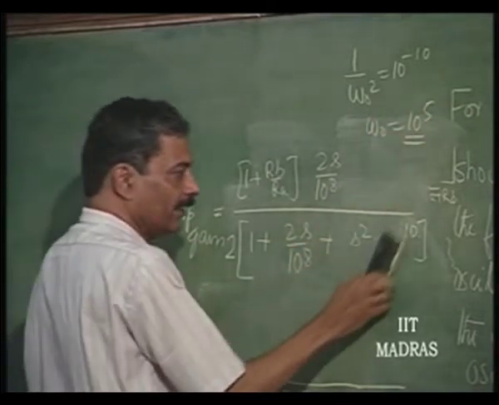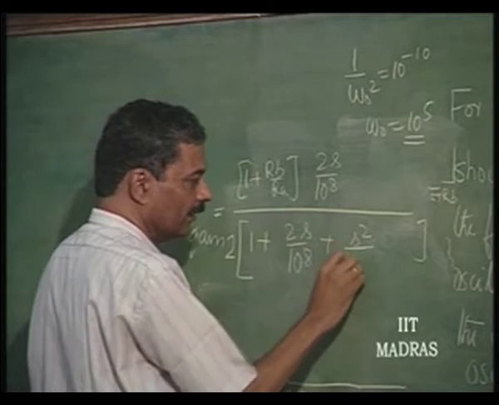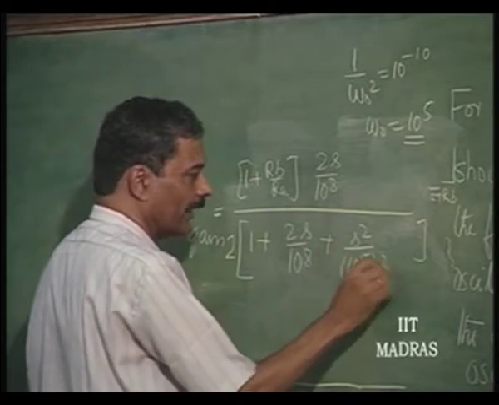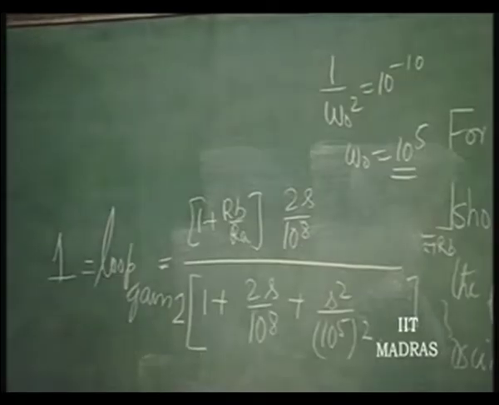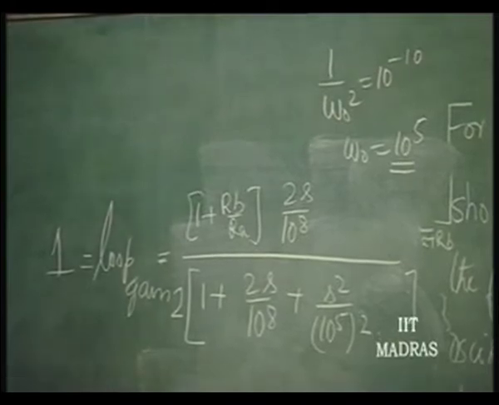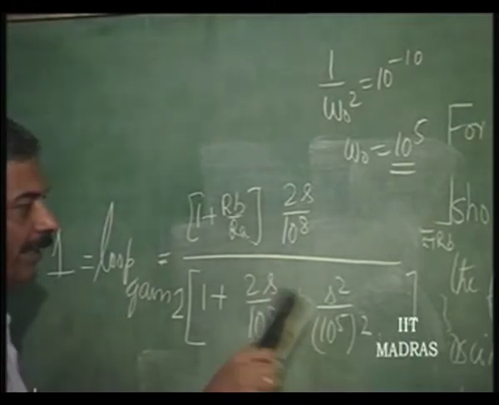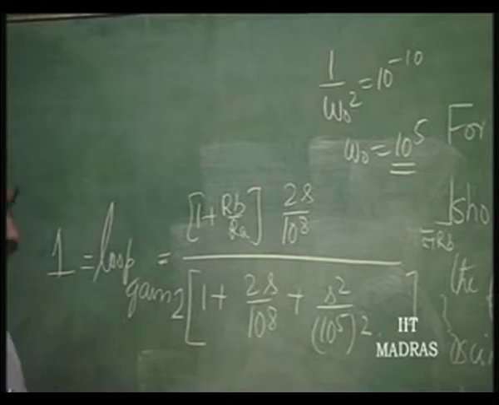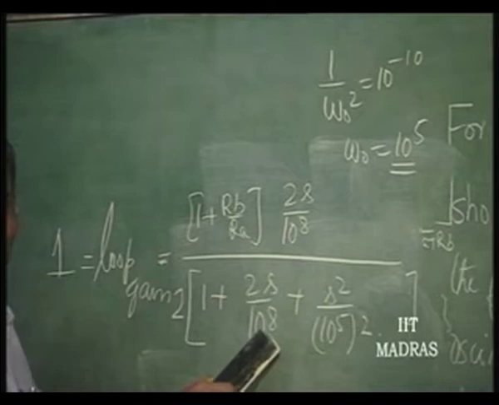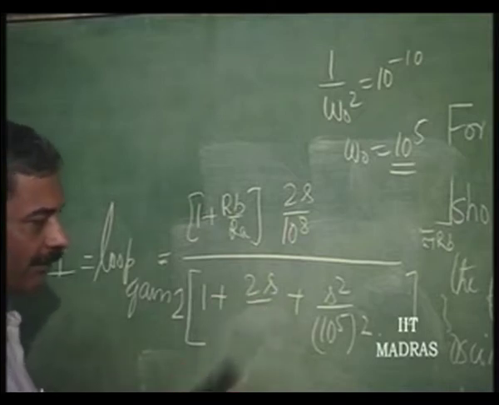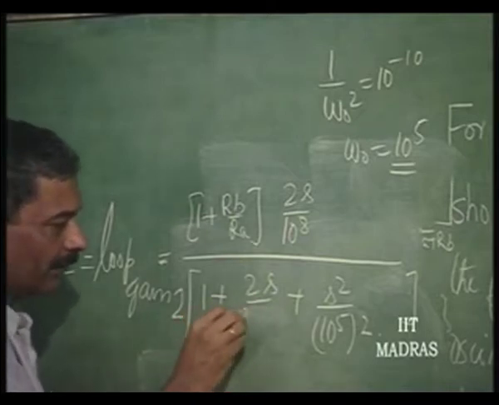So, we will write it as s squared by 10 to the power 5 squared. This is s squared by omega naught squared. Okay. So, here we have to have s by omega naught for normalizing. S by omega naught means s by 10 to the power 5. Apart from that, we will have 10 to the power 3.